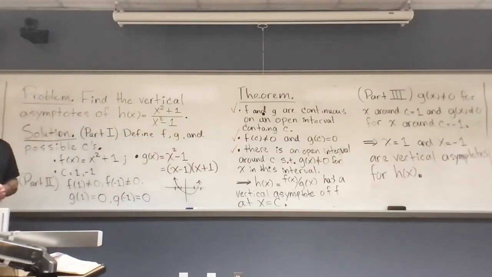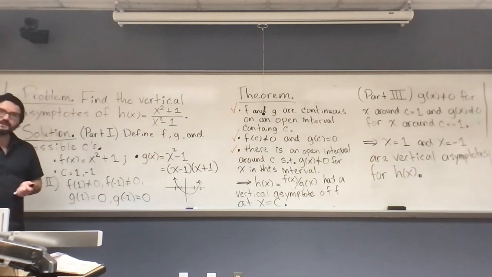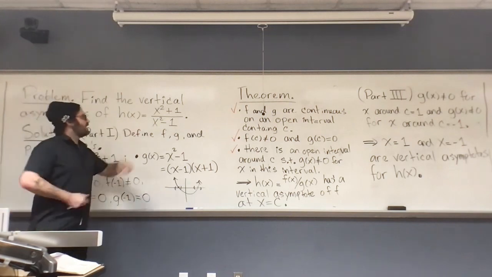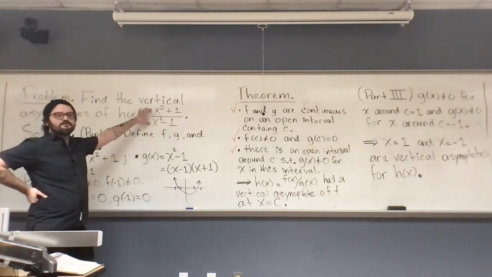Again, we can define these in terms of limits, which, by the way, we're applying the theorem here, but do we really need to? You can just look at it. Look at the limits. Look at the limit as X approaches -1. Where does this go?